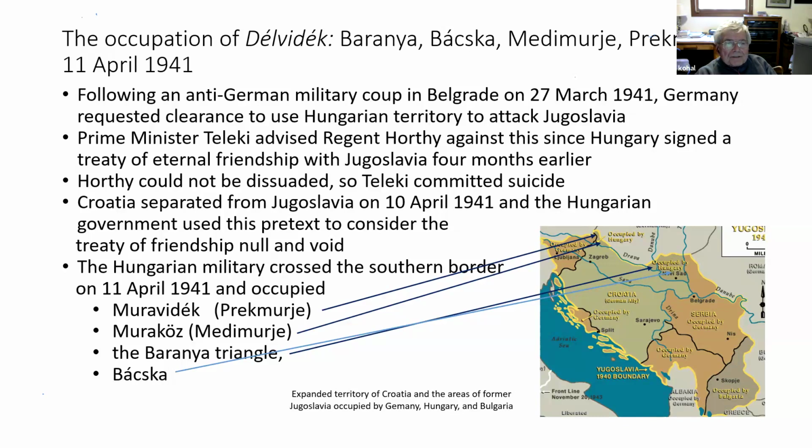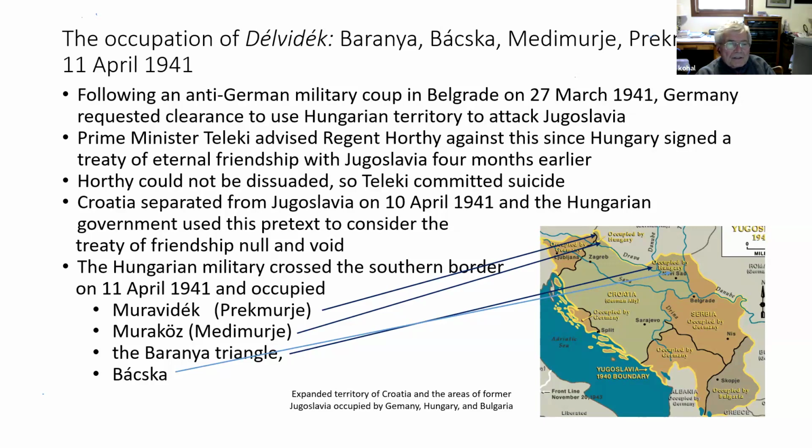Hungary used the pretext that Croatia separated from Yugoslavia on April 10th as a basis for saying that the Eternal Treaty of Friendship was null and void. As a result, the next day, the Hungarians crossed the southern border and occupied basically 4 different spots of territory.